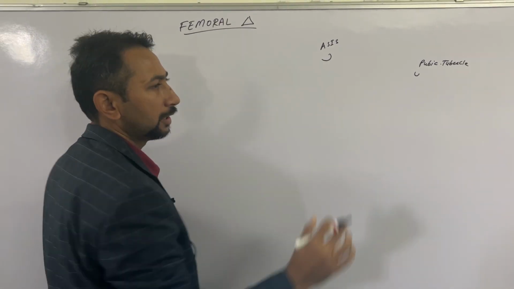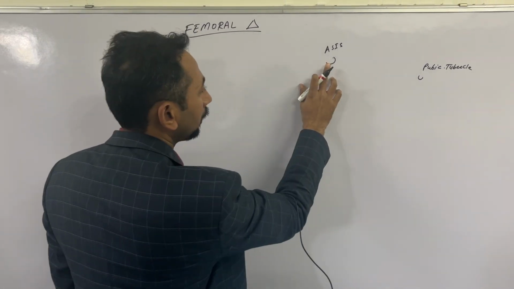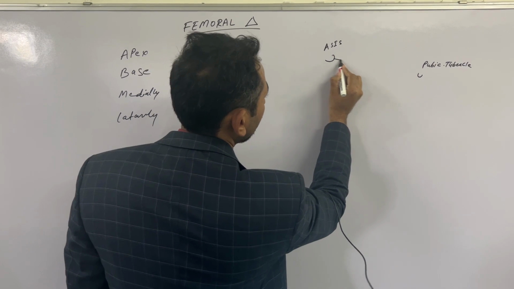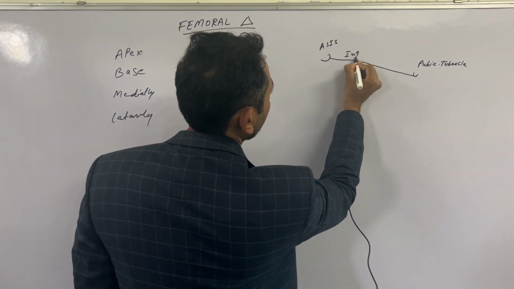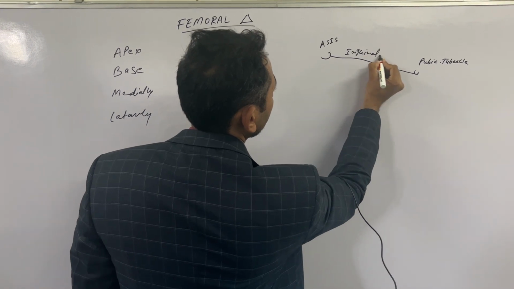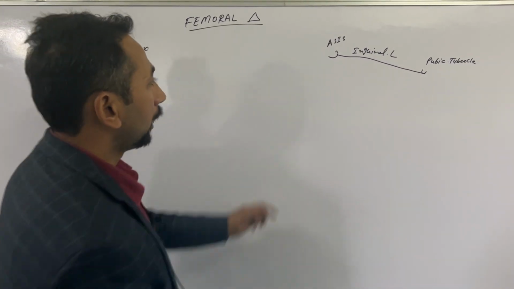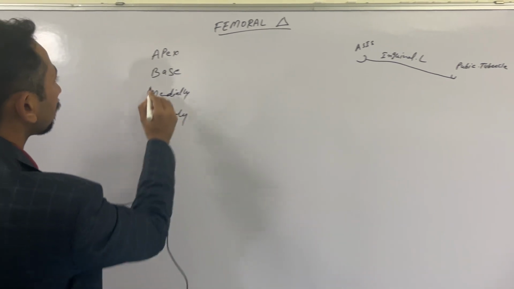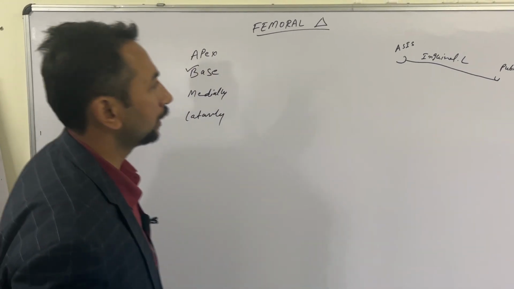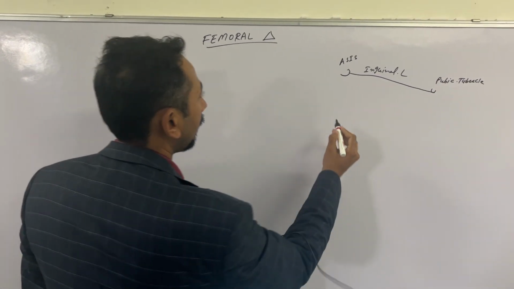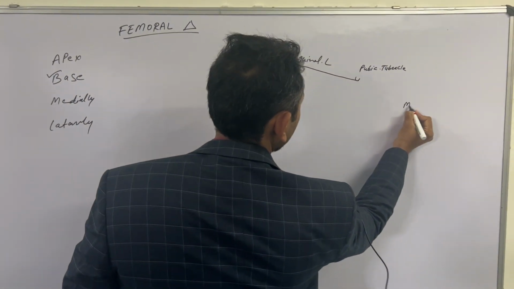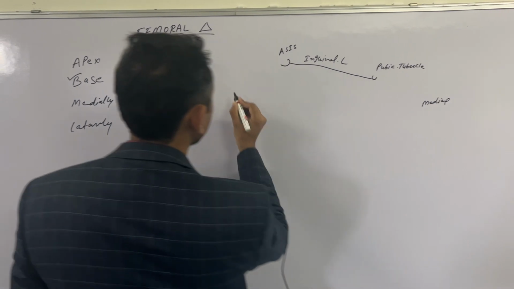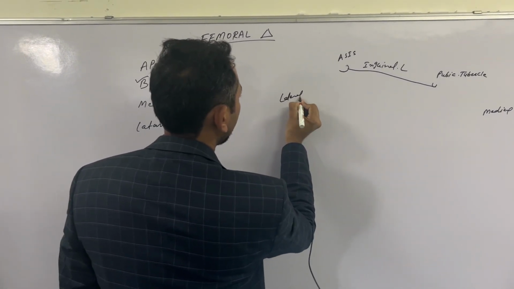There is a ligament which extends from the anterior superior iliac spine up to the pubic tubercle, called the inguinal ligament. The inguinal ligament forms the base of the femoral triangle. Then this is on the medial side and this is on the lateral side.